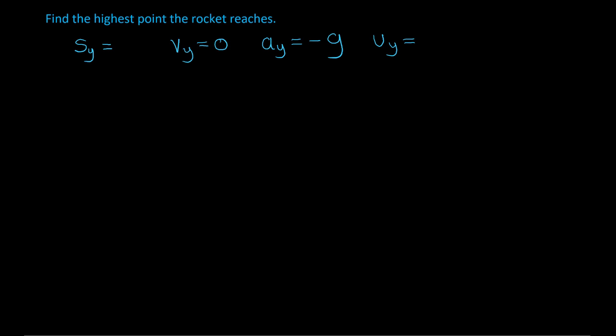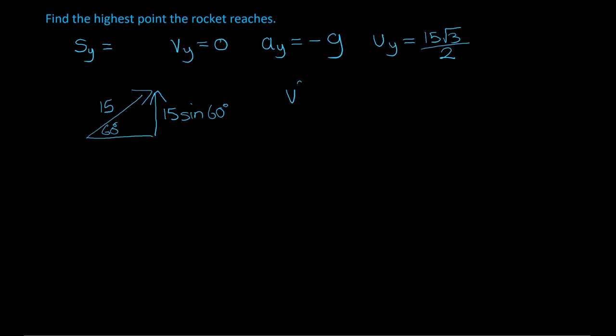Going back to the little picture, u goes off at 15 with a 60 degree angle. This time we want the component opposite the angle, so that's 15 sine 60 degrees, which is 15 times root 3 over 2. That's our initial velocity.